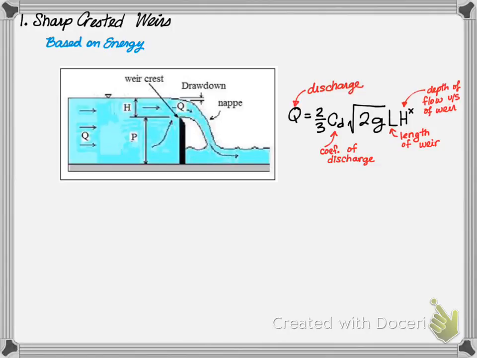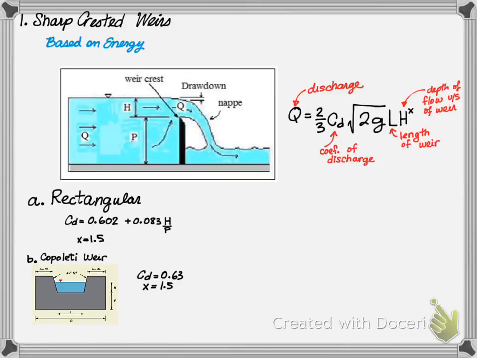Now the value of x depends on the type of weir we will be discussing. The first weir is a rectangular weir, where the coefficient of discharge is a function of the height of the weir and the depth of flow upstream above the weir. The coefficient x is 1.5.